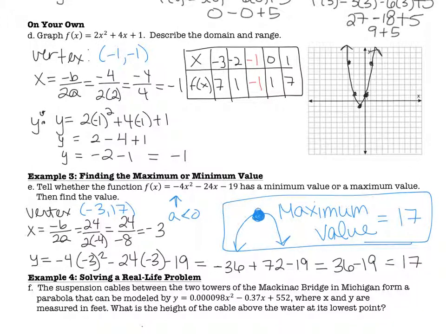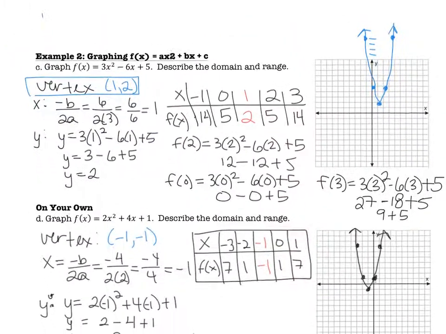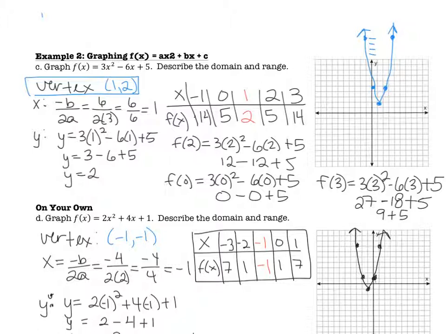One thing I forgot to do, and you may have caught it already, we're going to go back to example 2. And it says describe the domain and range. So I graphed the function, but I didn't complete this. So if you've already done it, great. You guys know the answers to these. So the domain, I'll write it up here.